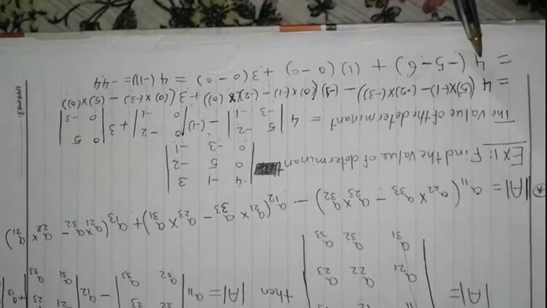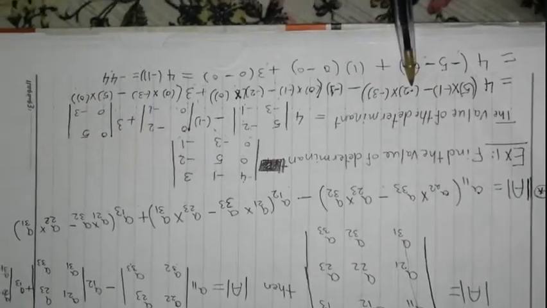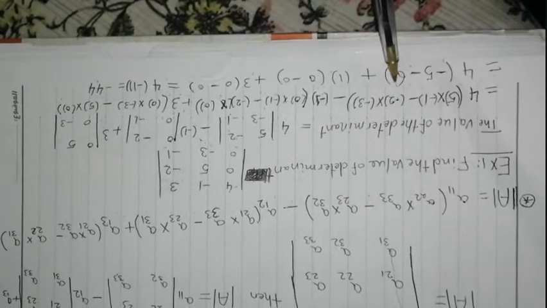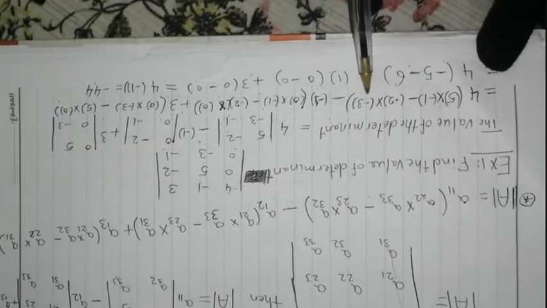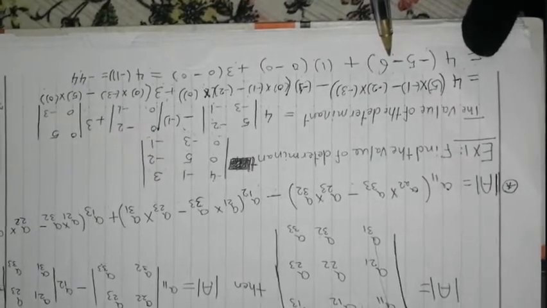The first bracket: 5 times -1 equals -5, -2 times -3 equals 6, and you write negative: -5 minus 6.